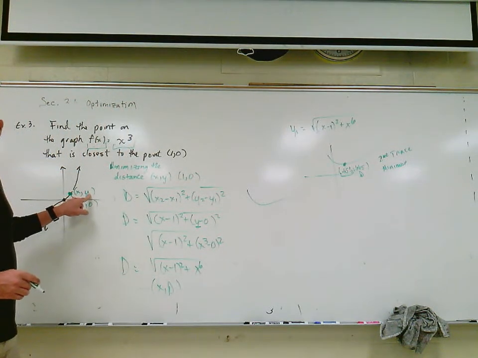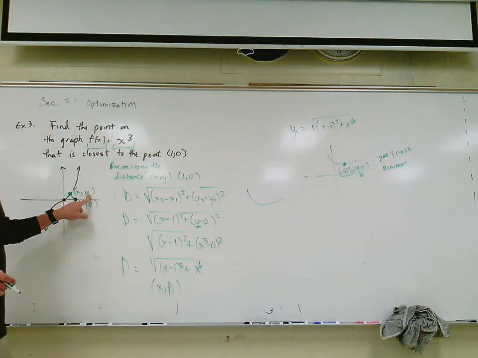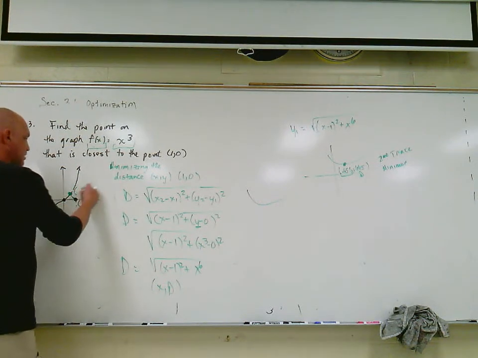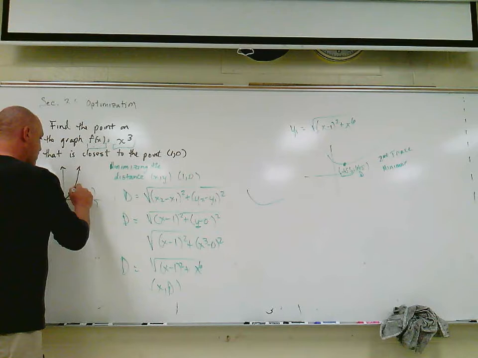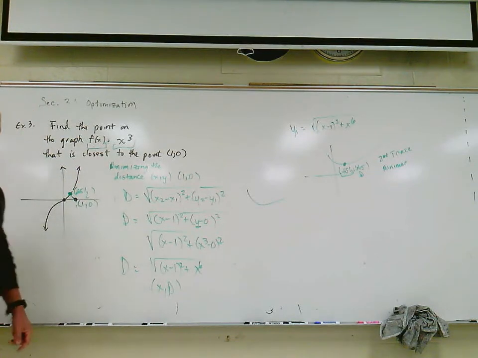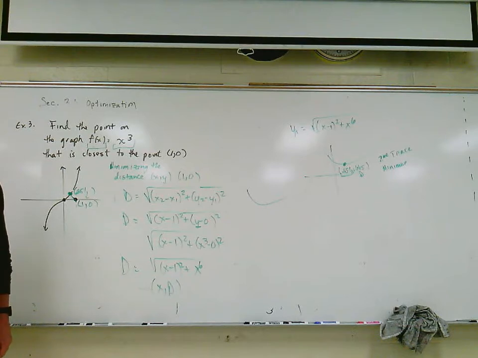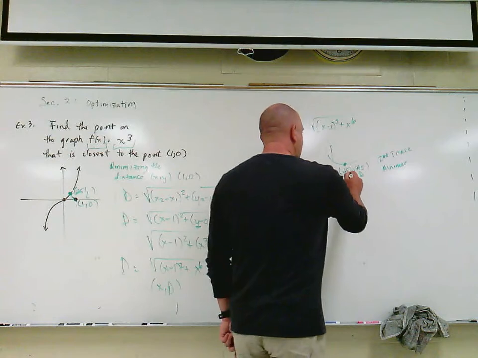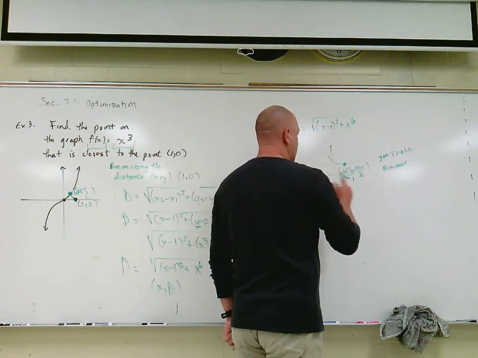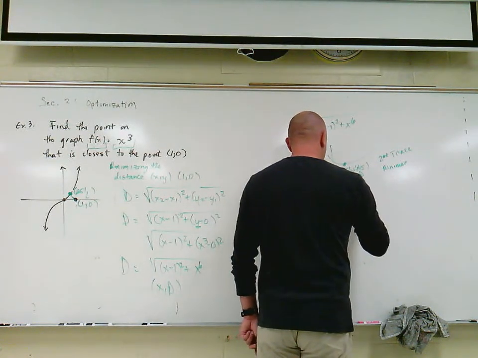Now you can get the y coordinate very easily. Because it told you the x point, 0.651. Well, how do you get the y? Cube it. Just cube 0.651 and you got your y coordinate. So that is x comma distance, not x comma y. So my x is 0.651.